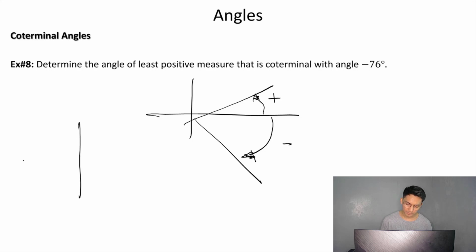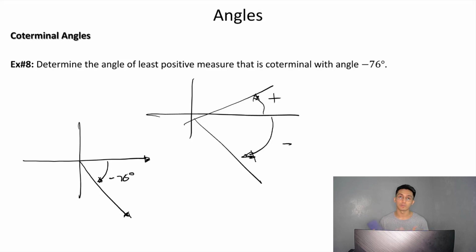So, ayan. We have negative 76. Possibly, nandyan yan. This is the terminal side and this is the initial side. This is the angle negative 75 degrees. Para malaman, isubtract lang natin yung negative 75 degrees from the whole rotation of 360 degrees. The answer is 285 degrees.